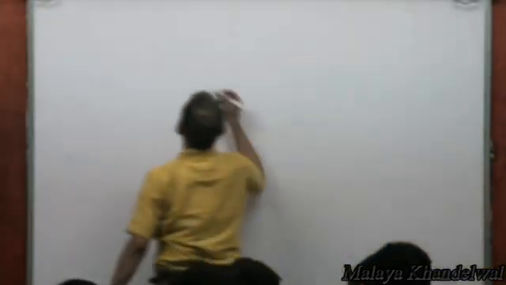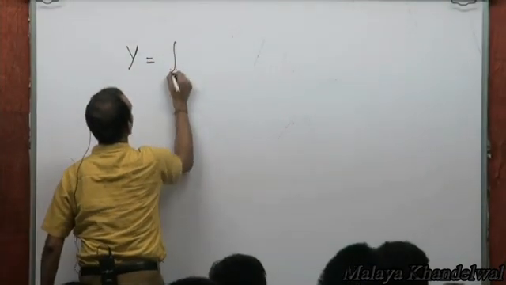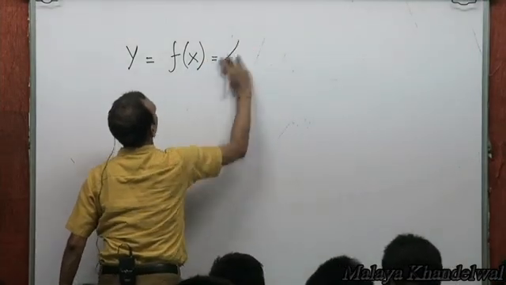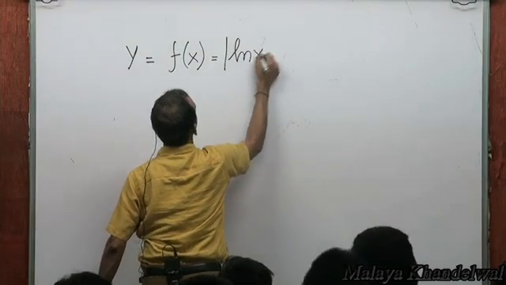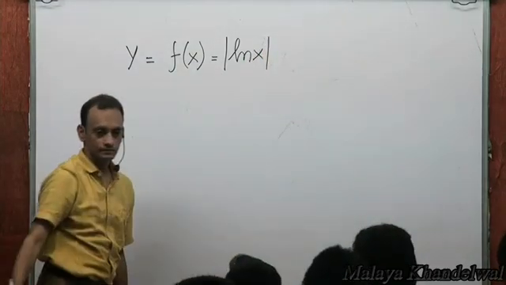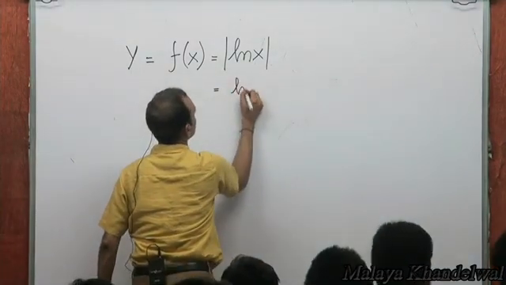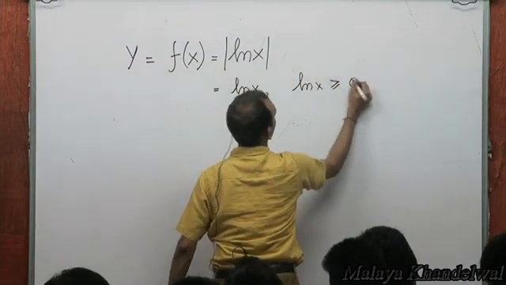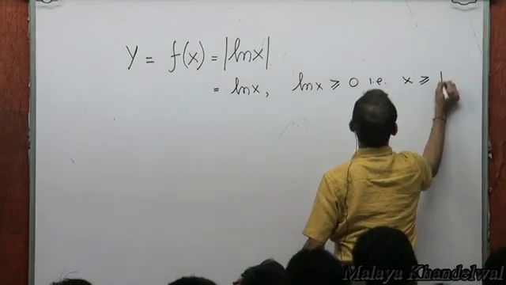Say, for example, y equal to fx equal to mod ln x. This will be equal to ln x whenever ln x is greater than or equal to 0, that is when x is greater than or equal to 1.